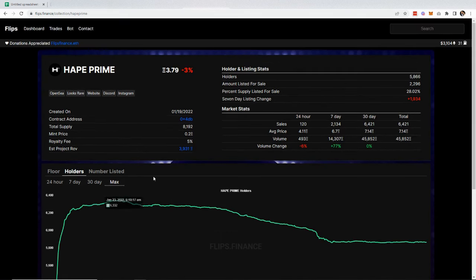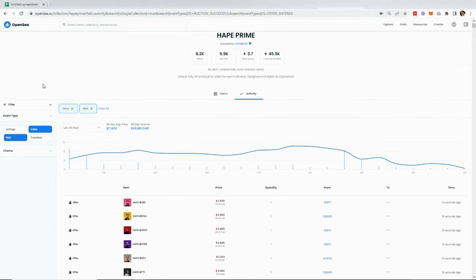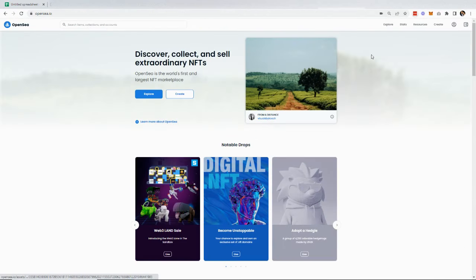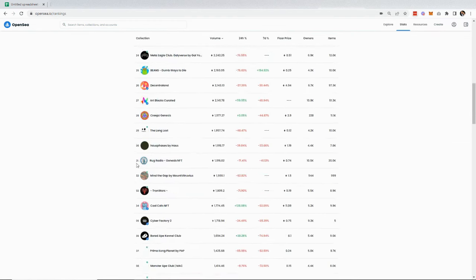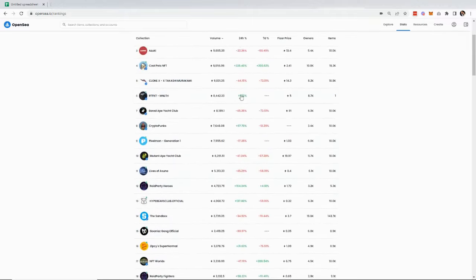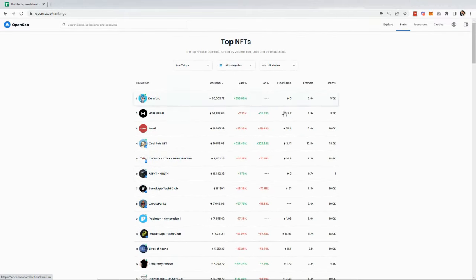One of the first things I do, the very first thing, is go to OpenSea, go to rankings, and look at all the collections. There are tons. And I might go with something where I feel like I'm getting a lot of value for my money.